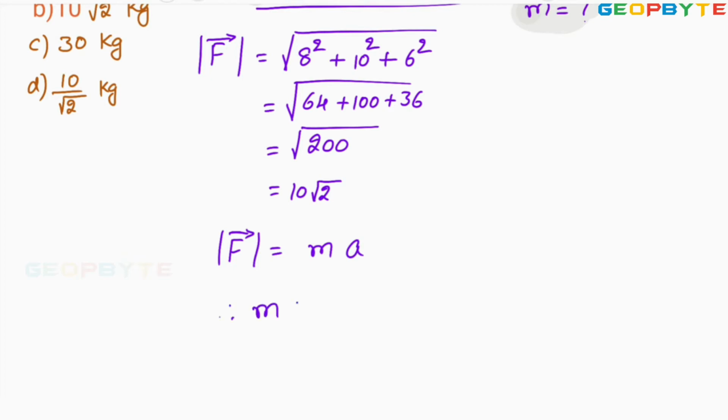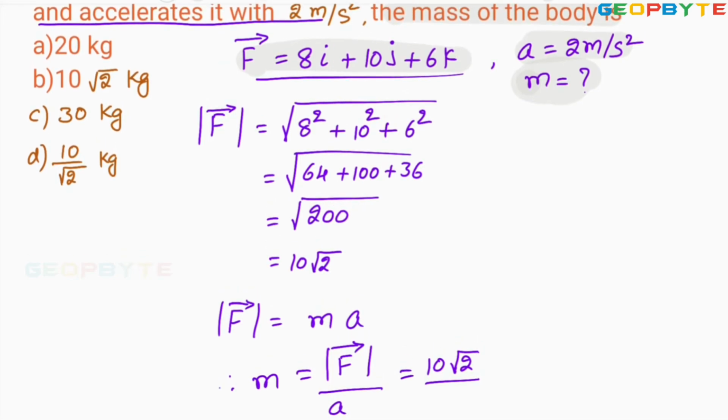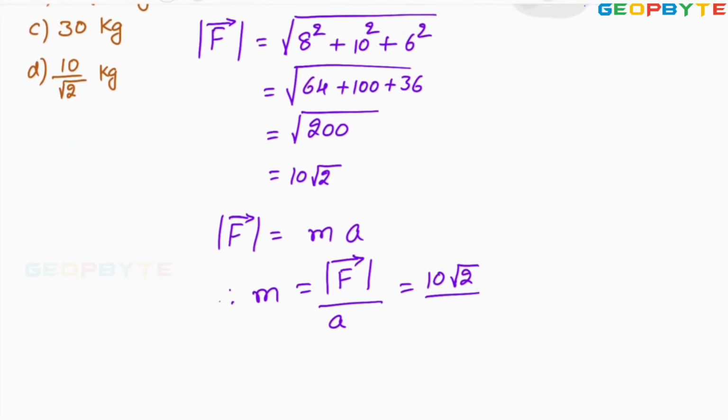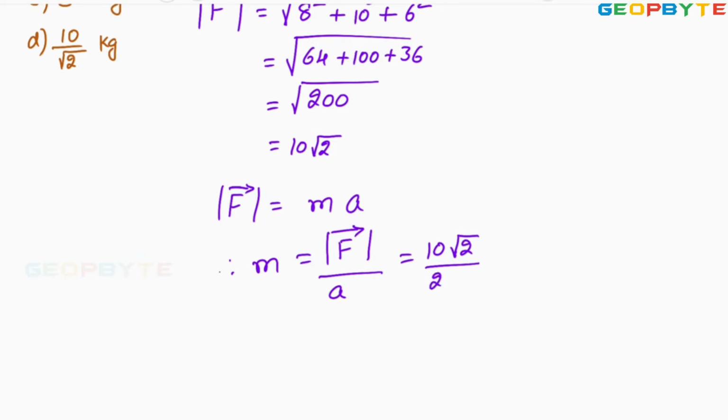Therefore, mass of the body is equal to the resultant force acting on the body divided by acceleration. It is equal to 10 root 2 divided by the mass, given acceleration. Acceleration given is 2 meter per second square.